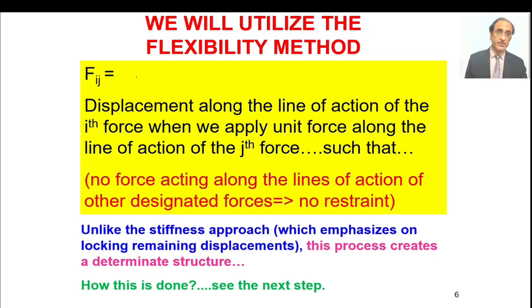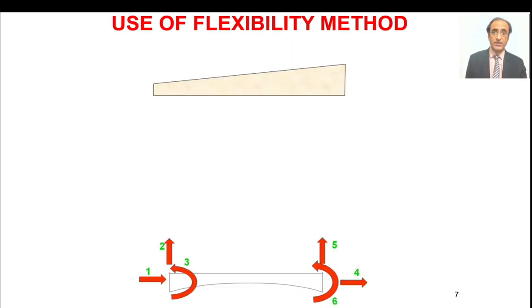Again, we must emphasize that when we are talking about force, this includes both force as well as moment. Similarly, when we are talking about displacement, we mean both translations as well as rotations. So how it works and how we take advantage, we'll just see. Basically, let's say we have a non-prismatic member and here we are showing the degrees of freedom, and these are also the lines of action of the forces.